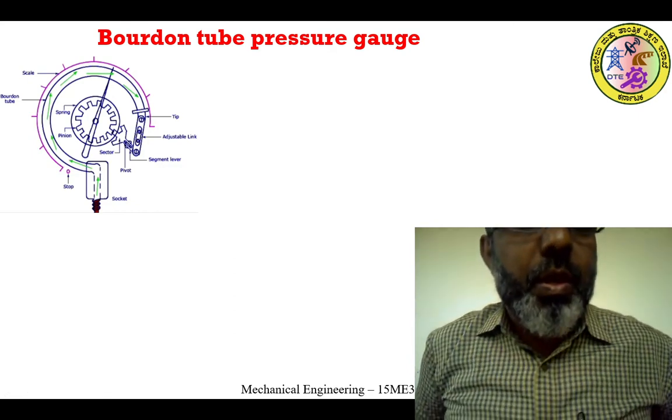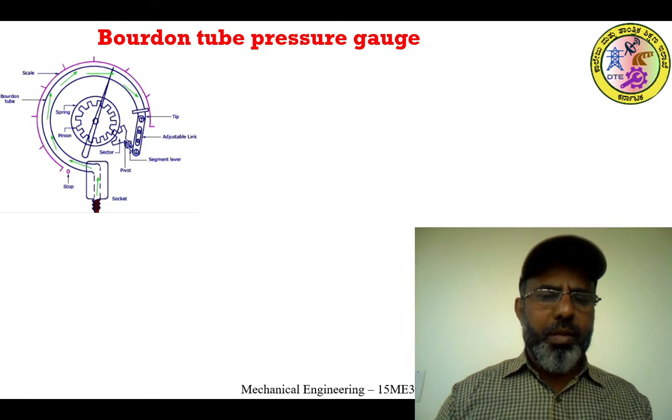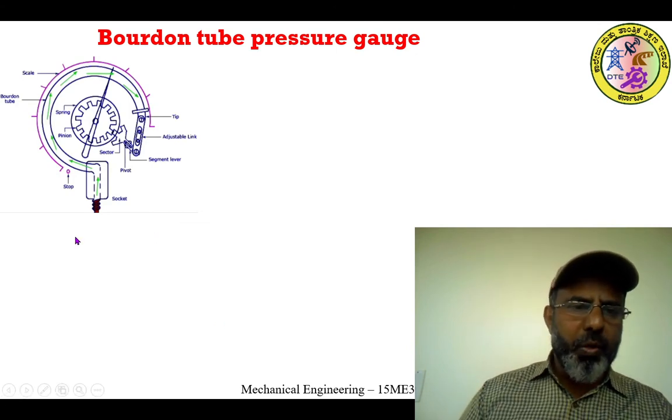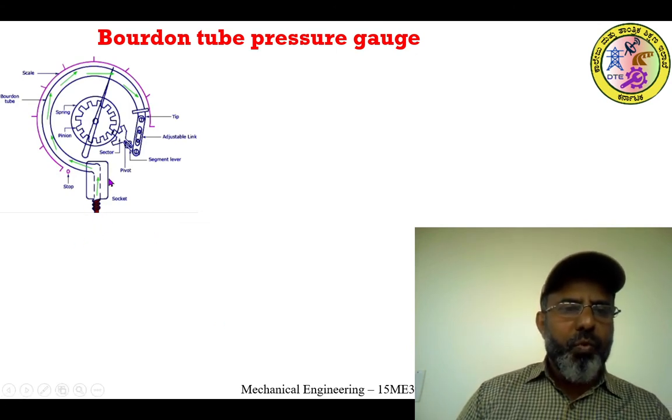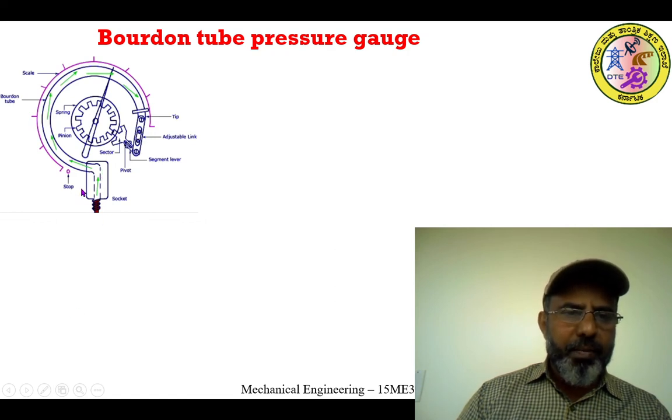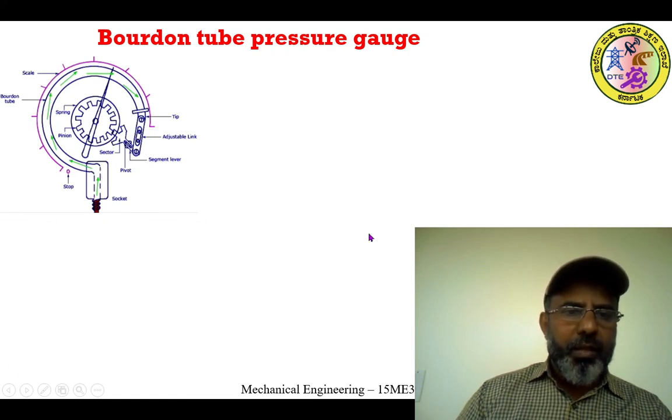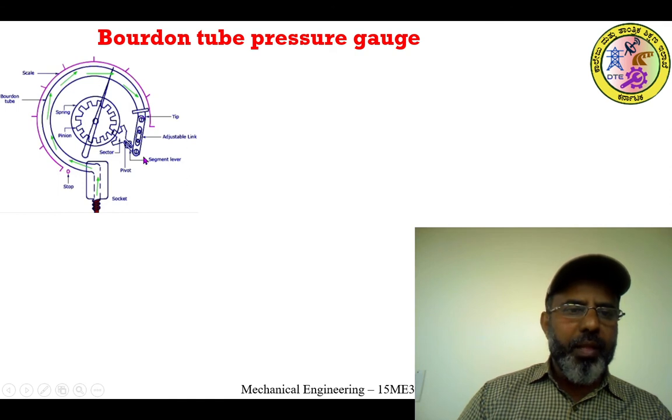Now let me continue to explain. This is the fixed end, and this is the free end. The various parts are: this is the C-shaped Bourdon tube, this is the scale.